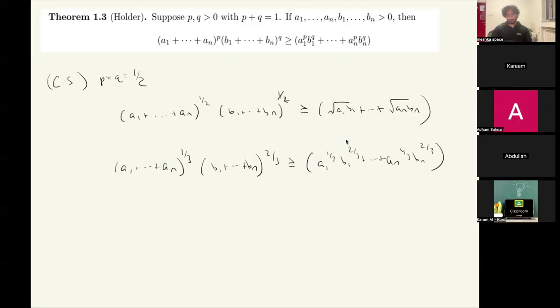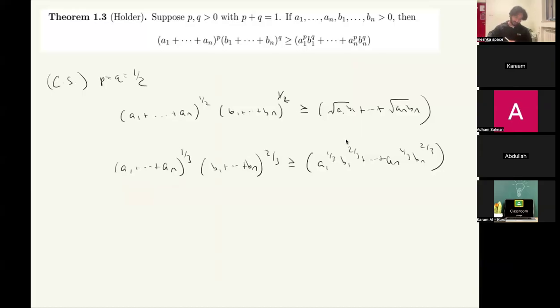Before we prove Holder, let's make an observation about homogeneity. AMGM is homogeneous in the sense that if you scale all the variables, both sides don't change. So this is also homogeneous, but it's homogeneous in A and B independently.